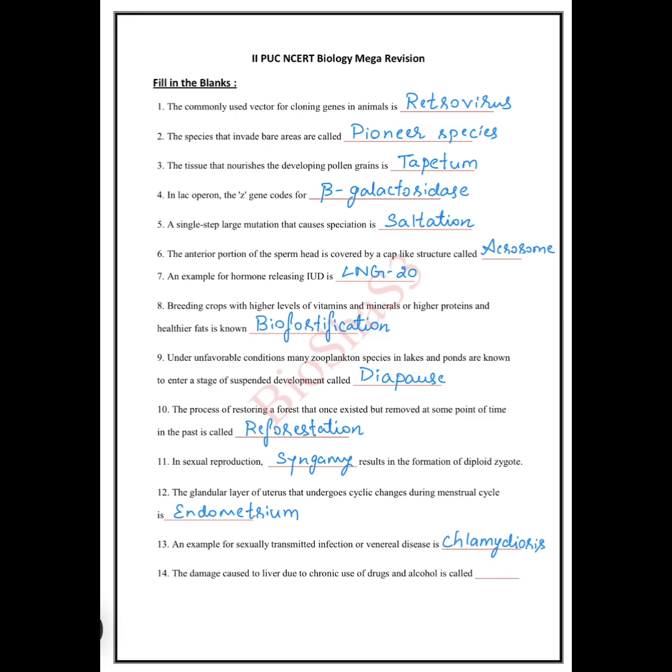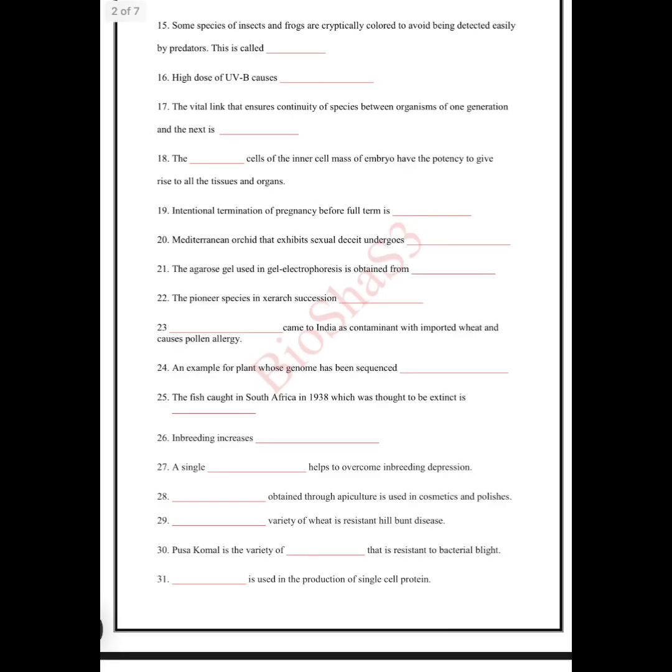The damage caused to liver due to chronic use of drugs and alcohol is called cirrhosis. Some species of insects and frogs are cryptically colored to avoid being detected easily by predators.